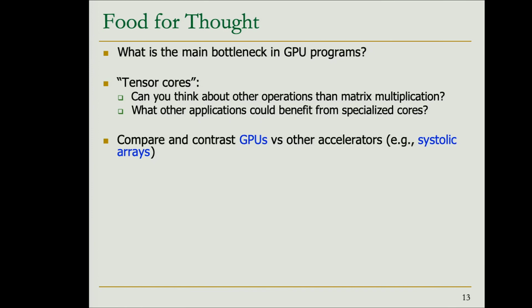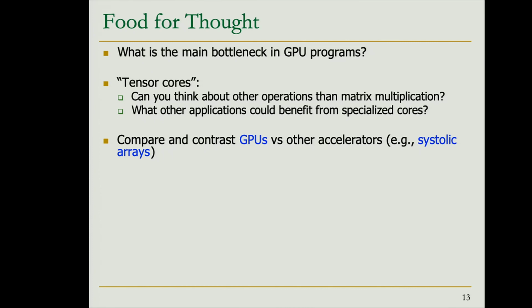Another question that I wanted to ask you is, can you compare and contrast GPUs with other accelerators? In particular, it's very nice to compare them with systolic arrays. Why is that? Because systolic arrays, and as an example of them, TPUs, are one of the other good alternatives for training and inference of neural networks.